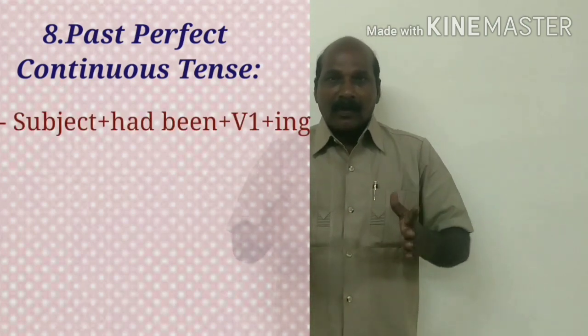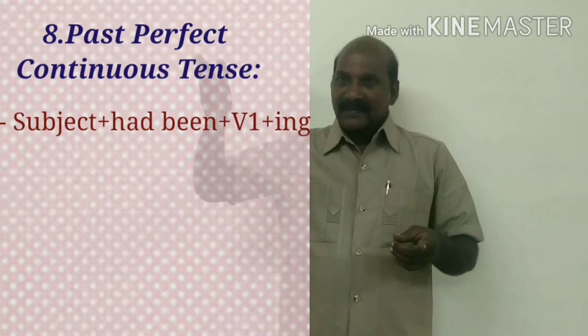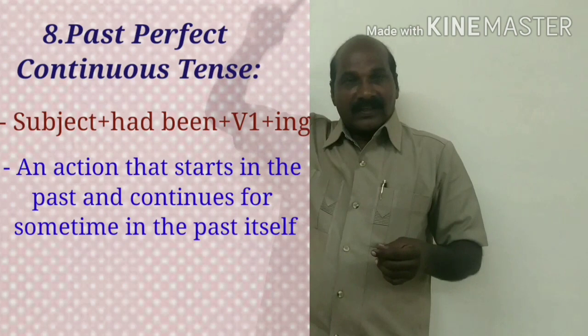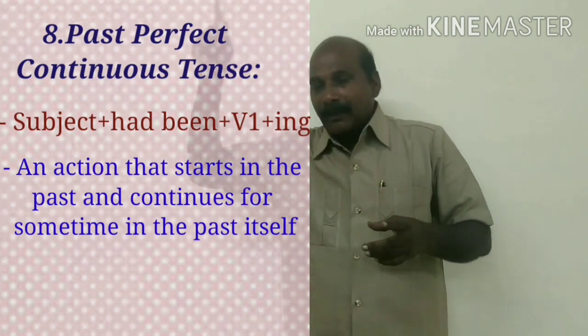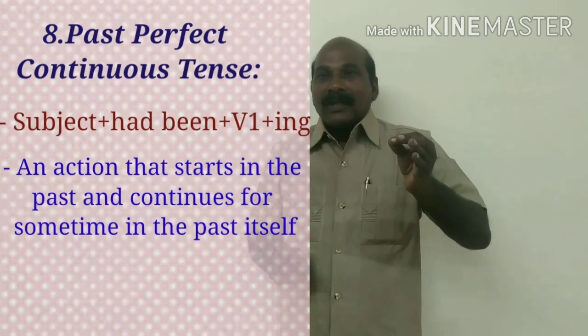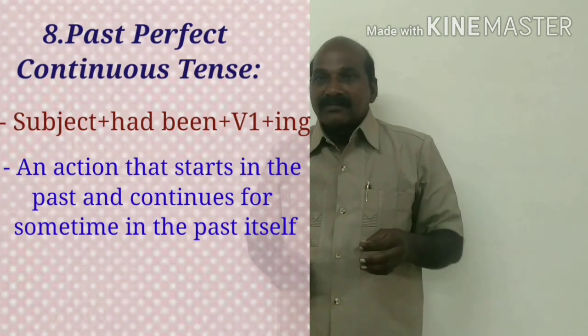The basic formula is subject plus had been plus V1 plus ing. We use this tense to indicate an action that starts in the past and continues for some time in the past itself. For example, they had been working in the field.